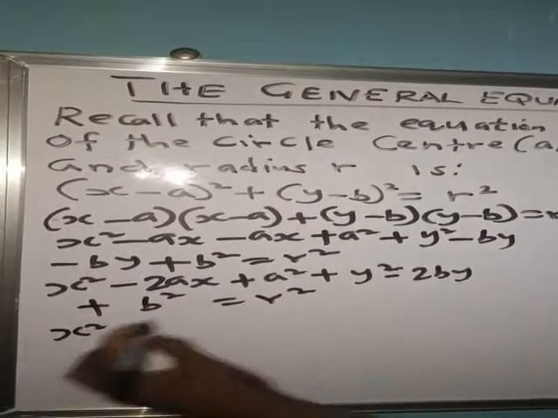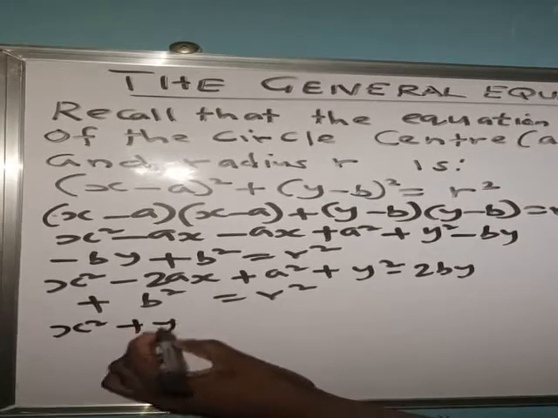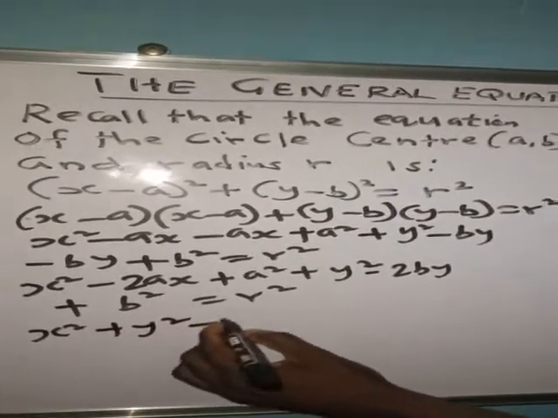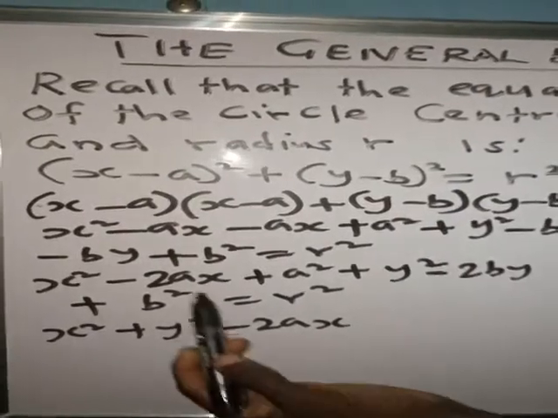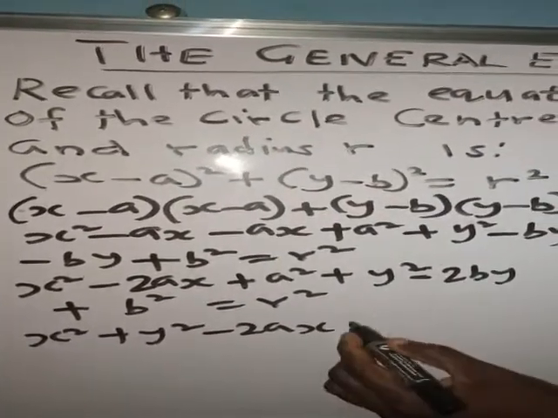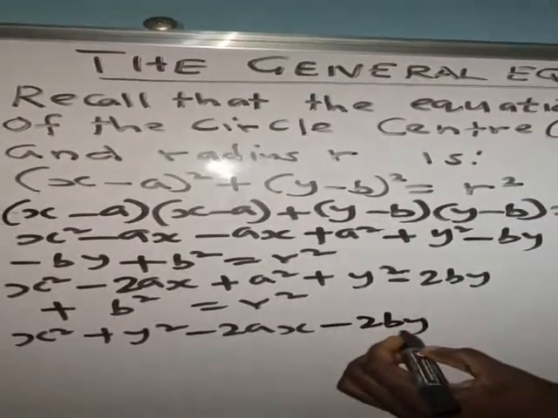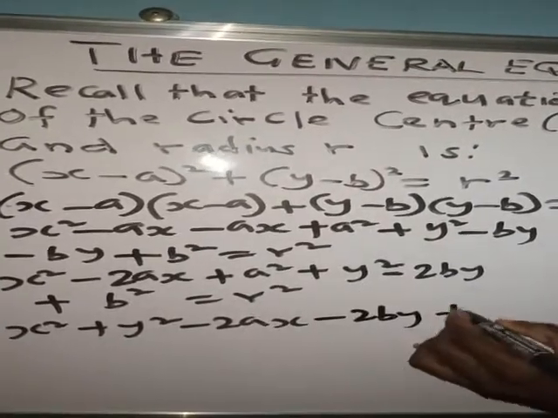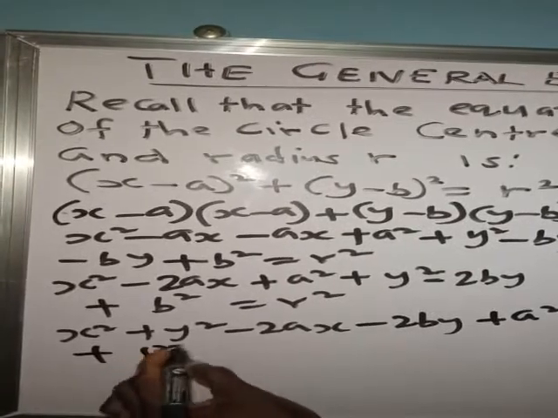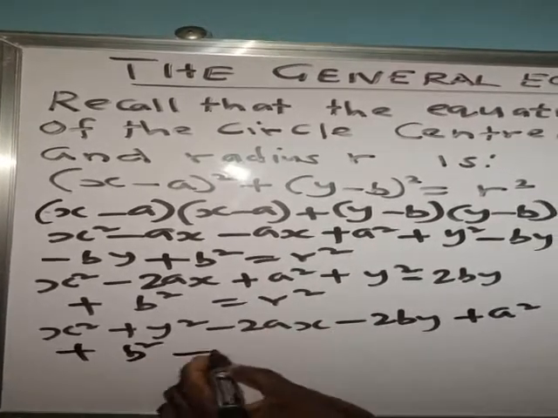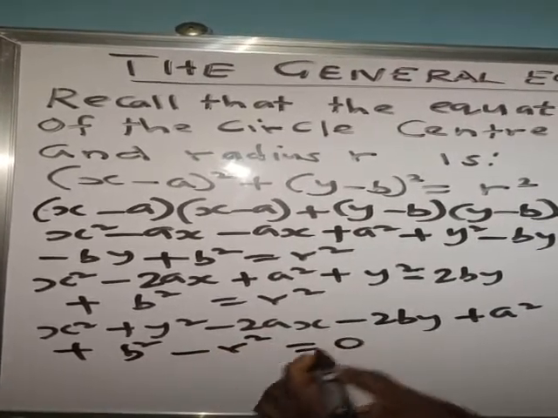So we have x² + y² - 2ax - 2by + a² + b². Bring your r² here, you have minus r² equals 0.